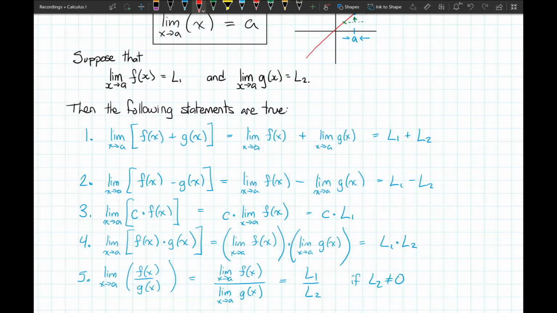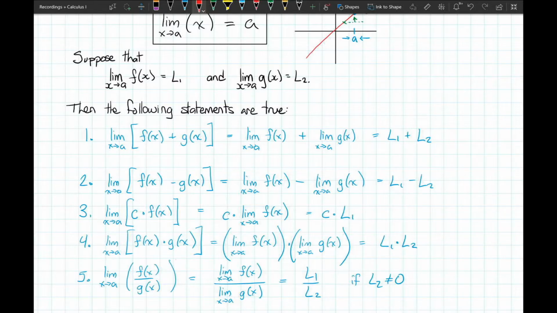So a constant multiple of a function inside a limit can just be removed, placed out front, and we can take the limit of the function and then scale it by c afterwards. Kind of a handy rule there. And this would be referred to as the constant multiple rule.